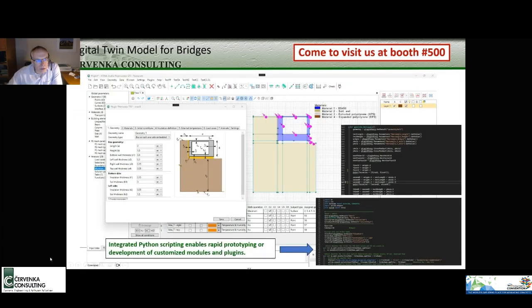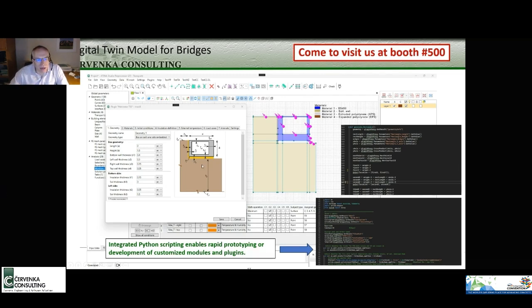So now I want to mention some of the recent development, because we are using this opportunity of the ACI 2024 convention to introduce this new ATENA version 2024. One of the new features there is the possibility of integrated Python scripting, which enables you to actually build special models or special plugins for some applications.